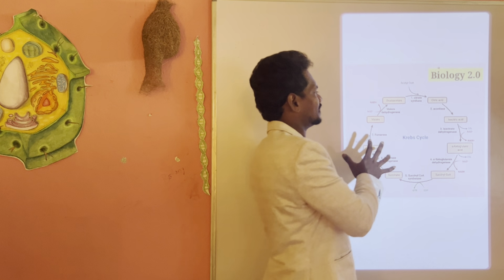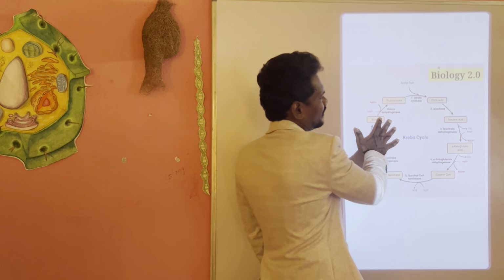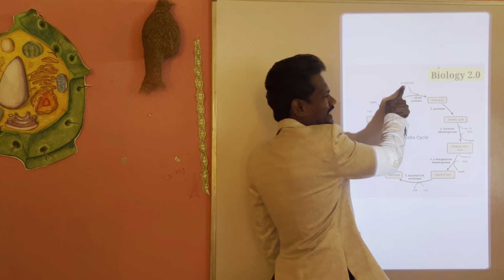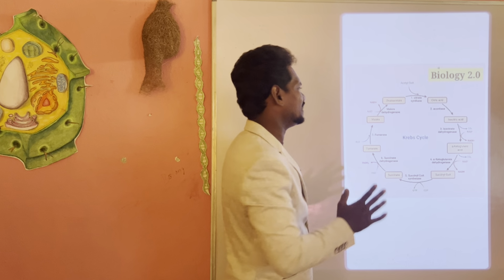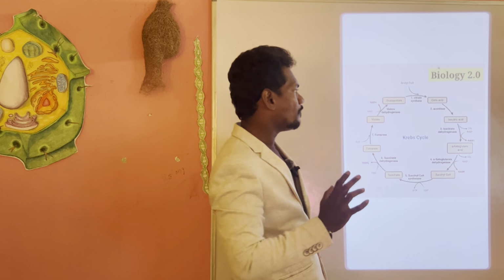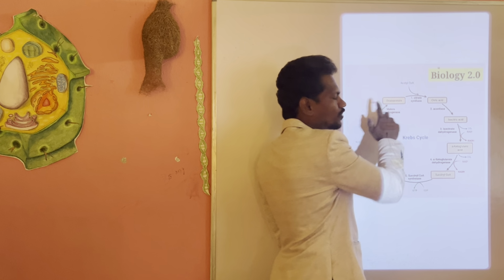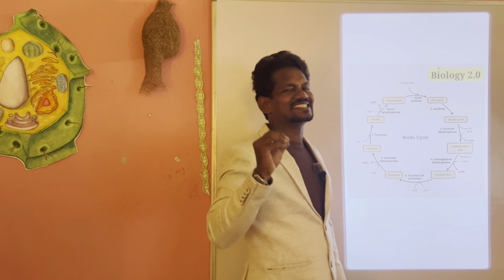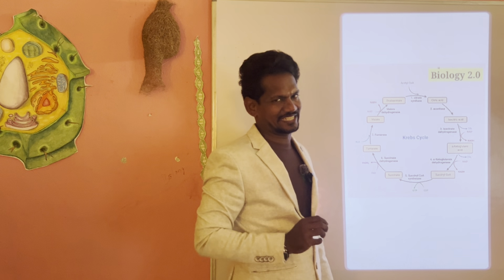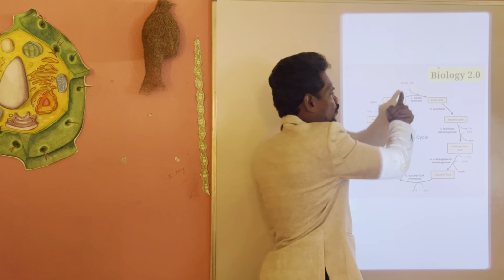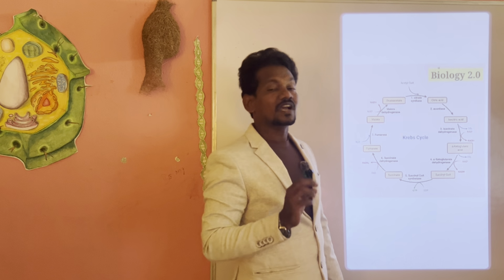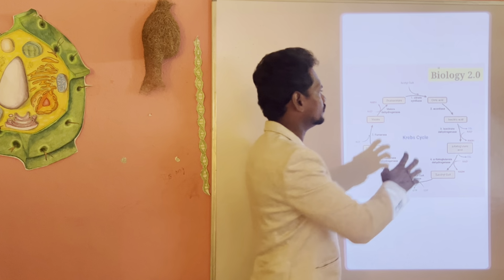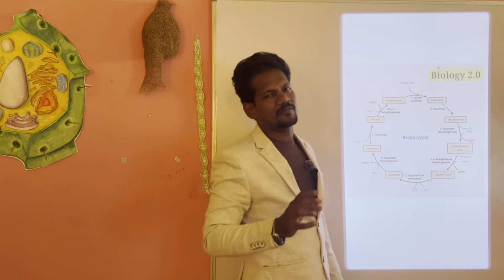So here our Krebs cycle starts with acetyl CoA, coenzyme A. Acetyl CoA combines with OAA, oxaloacetic acid or oxaloacetate, and gives rise to citric acid formation.